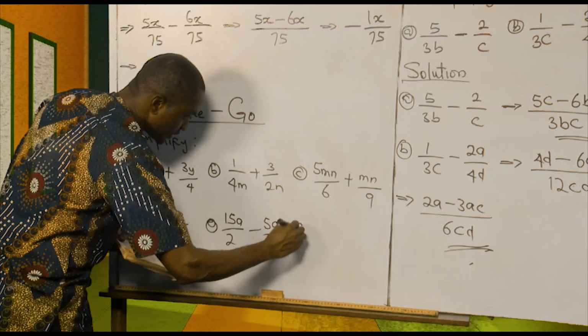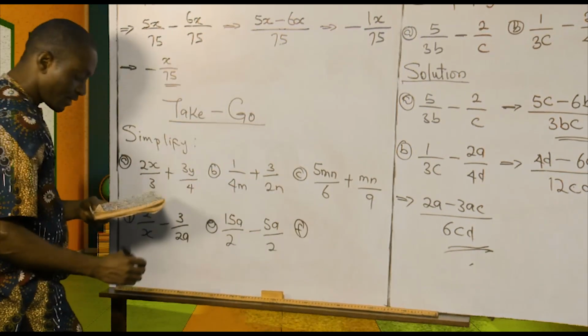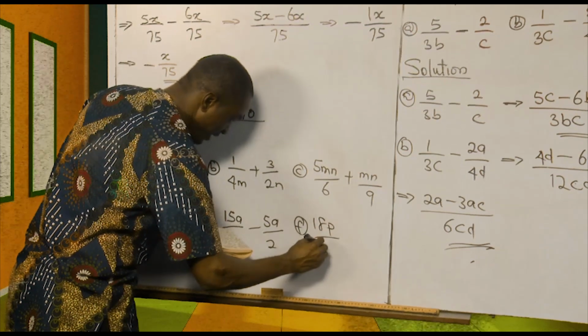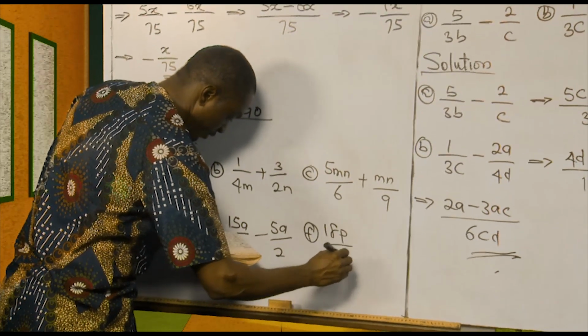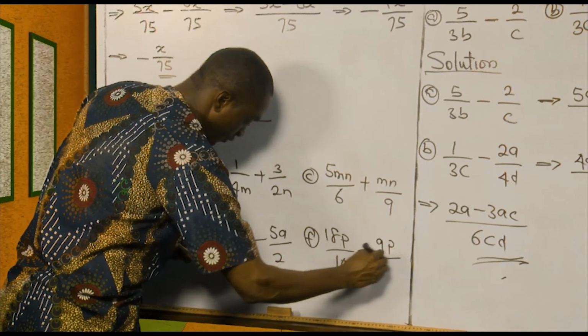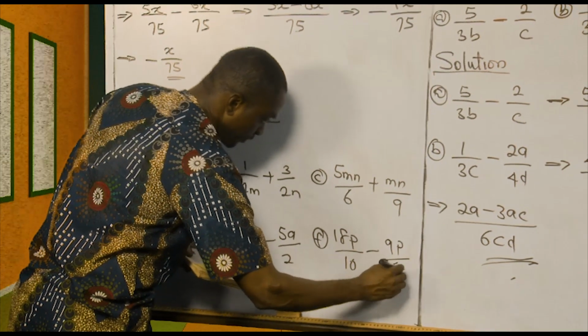The last but not the least, which is question letter F, is 18p over 10 minus 9p over 4.